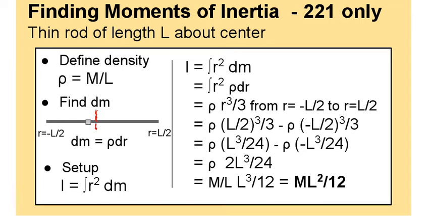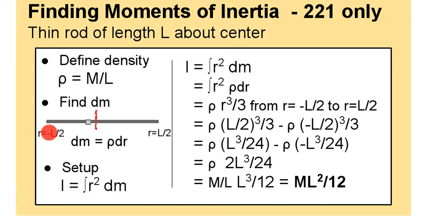Okay, so I use the same density. I'm still taking the total mass of the rod, cutting it up by the total length to get a mass per length, the total density. I need to find dm in step 2. The dm, again, is going to be equal to the density times the thickness of that slice, of any little differential slice. So I've got that.